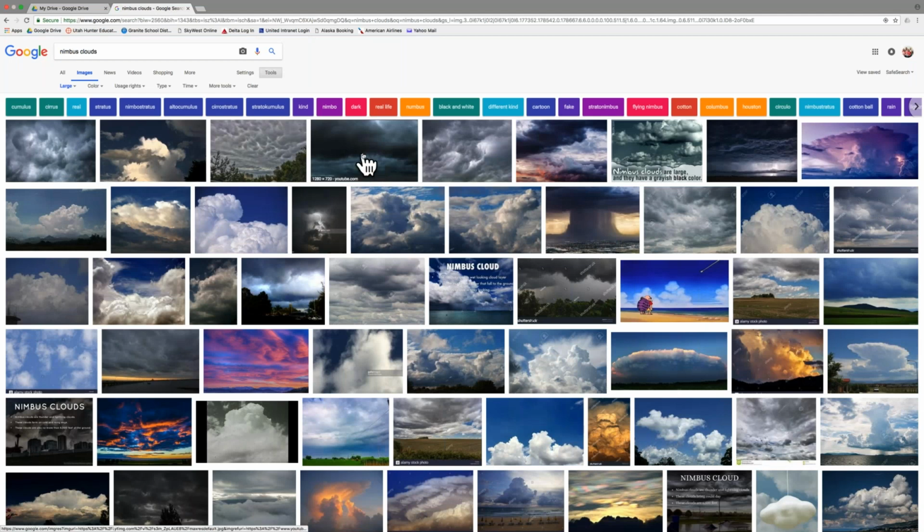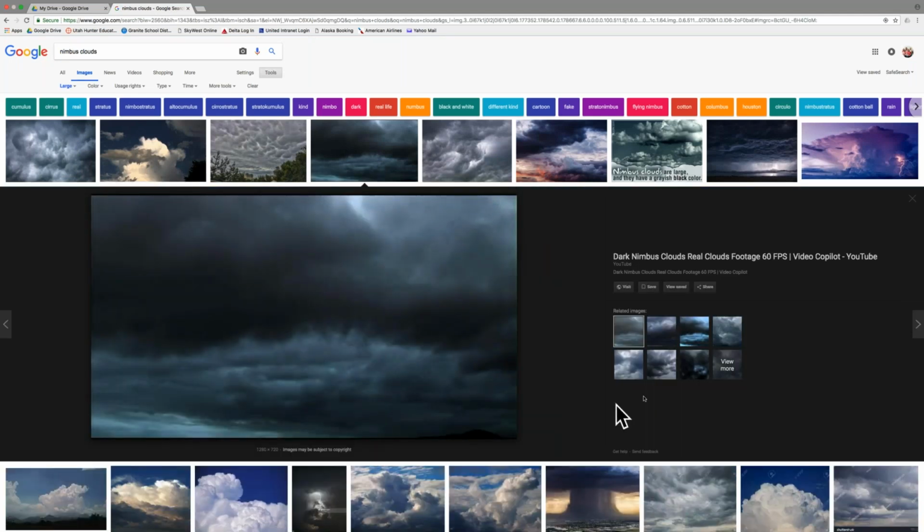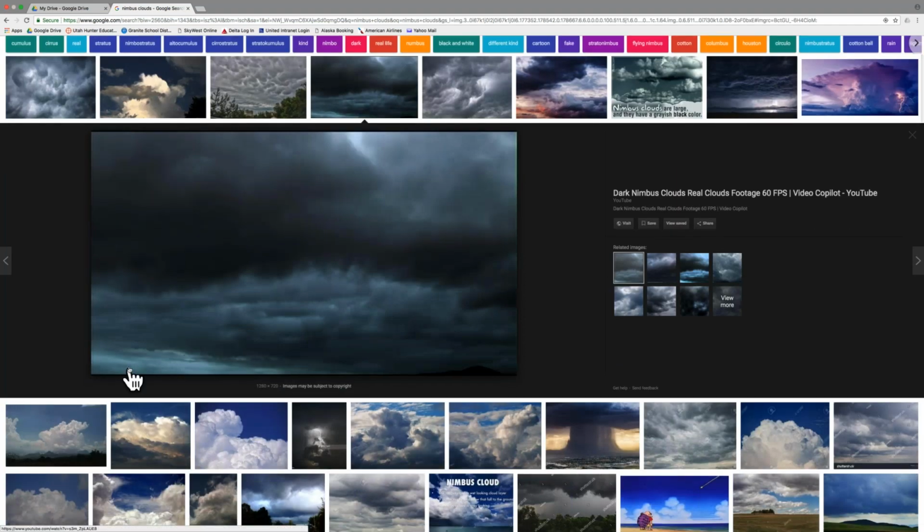So let's look at nimbus clouds, right? Pretty ugly looking clouds. When I see the green color, like this picture shows, I immediately start thinking tornadoes.